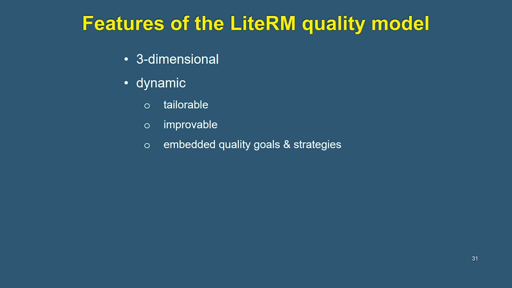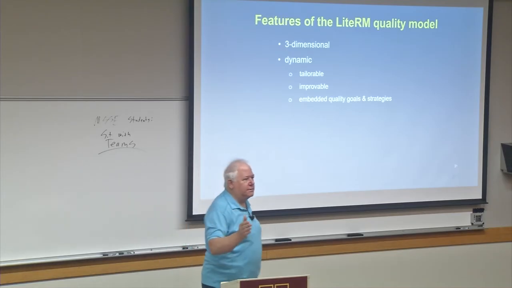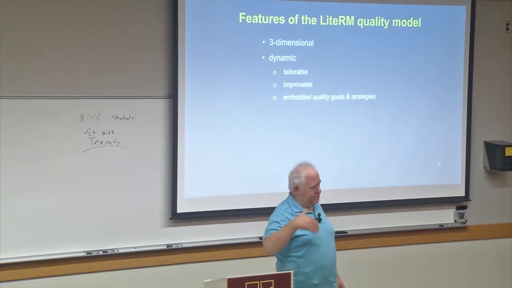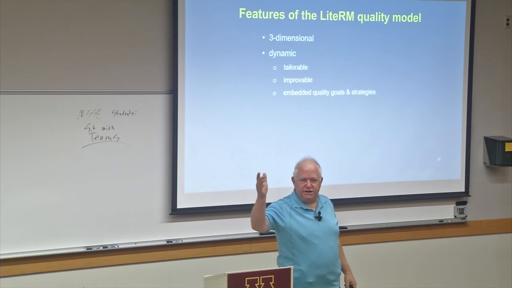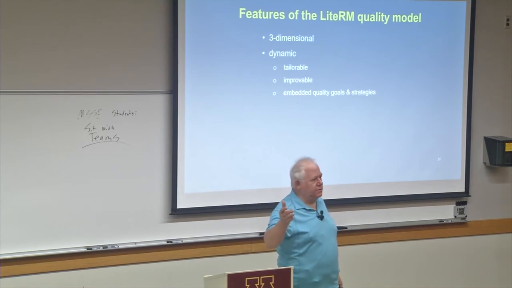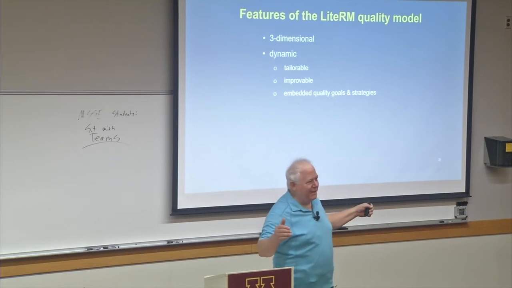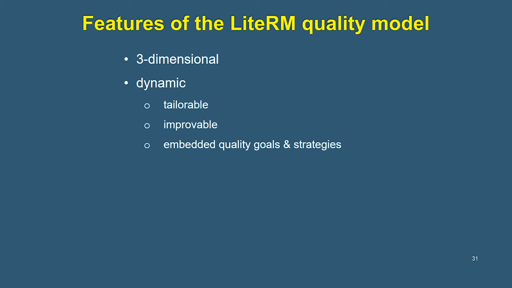First of all, you're supposed to tailor it to begin with because it's just a generic model, and there may be a bunch of things in it that have no relevance to your project, so throw them away, right? Maybe it's got some terminology in there that isn't consistent with the ones used in your organization. Change it. Maybe some of the lists you go, well, my favorite tactic is not here. Then add it. Okay? So you're supposed to tailor it and improve it.